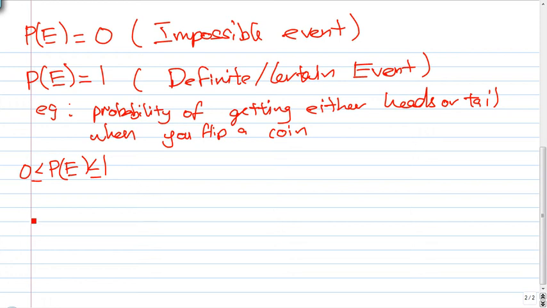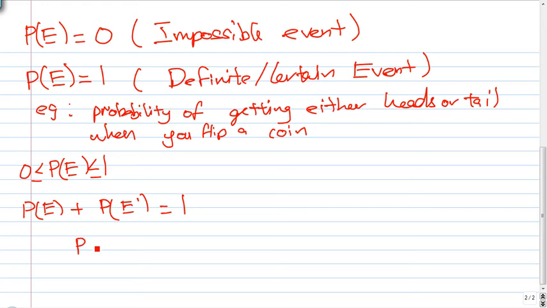And last but not least, if we have the probability of an event occurring plus the probability of the complement of the event occurring, it is equal to 1. When you add the probability of an event to the probability of its complement, it definitely equals 1.